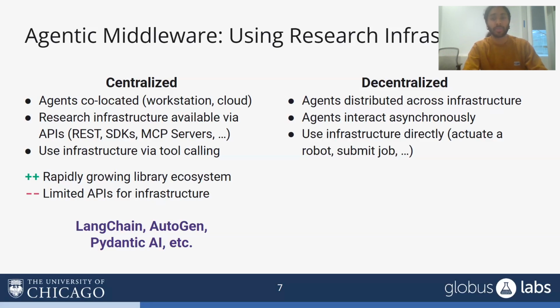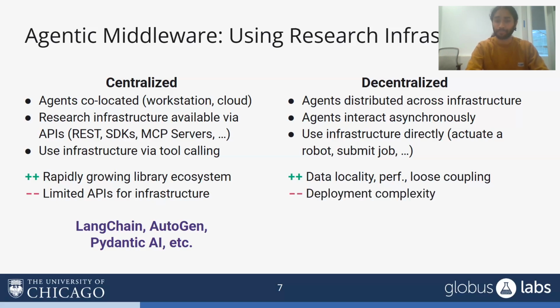If they live on the HPC cluster, they can watch the cluster, they can submit a job, they can cancel a job. And this really benefits things in terms of data locality, in terms of performance, in terms of coupling. But it does introduce this element of deployment complexity. And these are the issues and problems that we're tackling in the design of Academy.